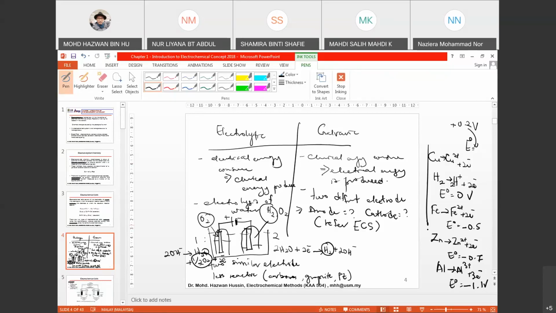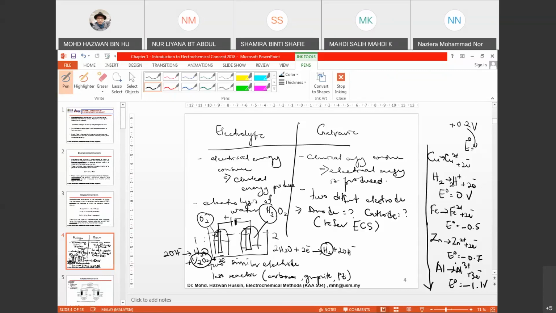So based on this series, you will see that the potential values are becoming more negative. Of course, the more negative the standard potential is, the easier or the more reactive it is going to be.